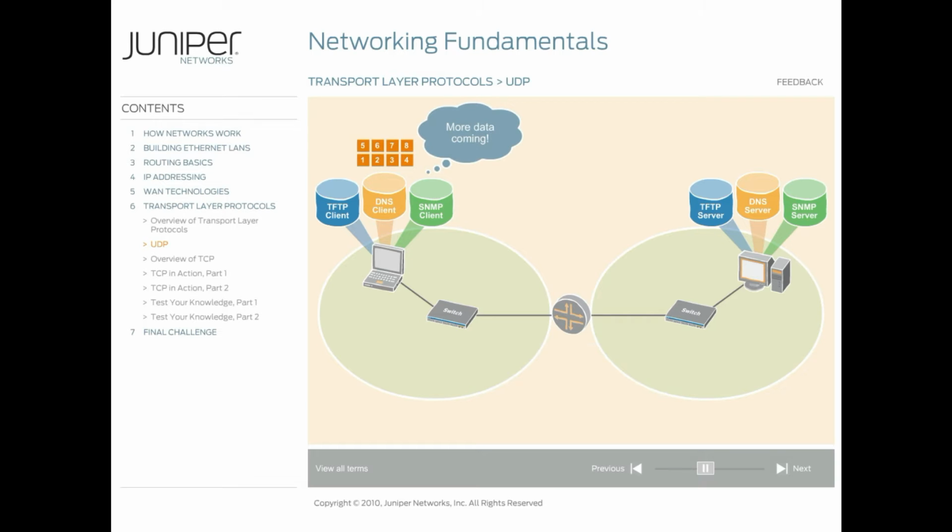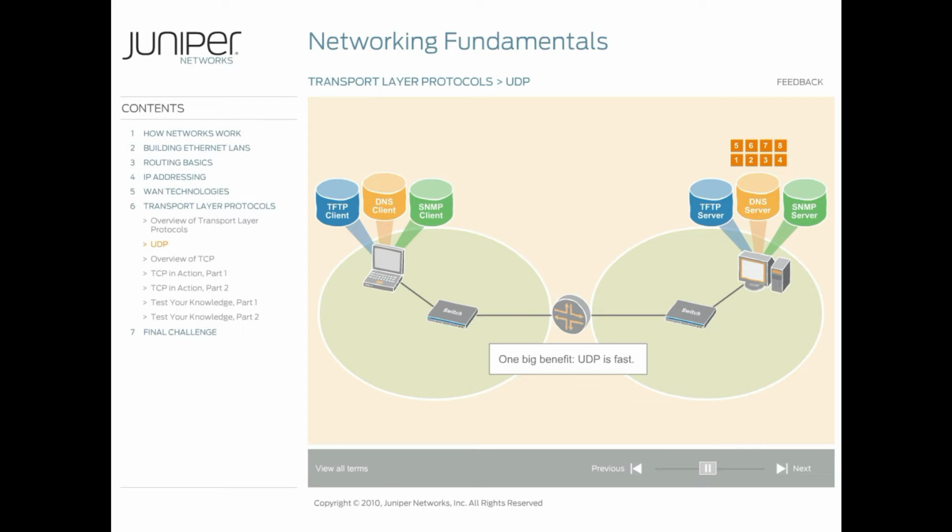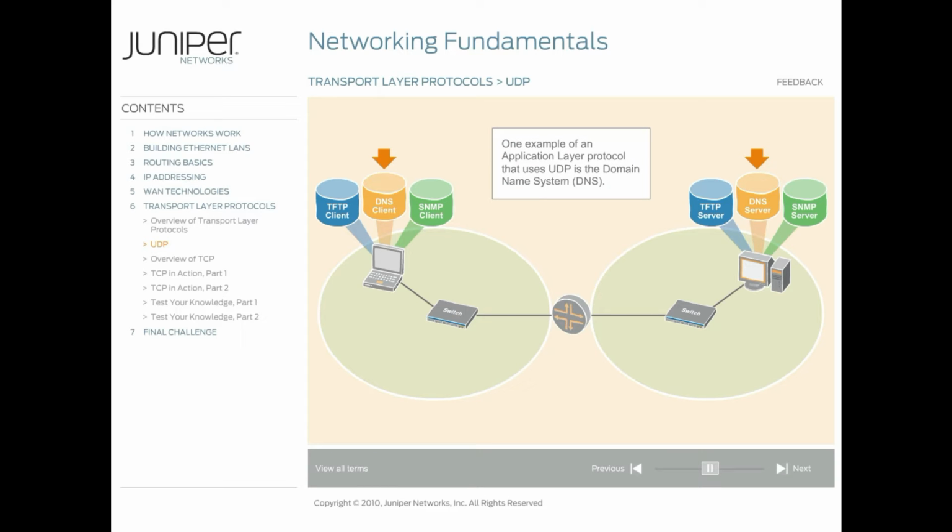So why use UDP if it provides such limited error checking? Speed. Avoiding the overhead associated with sophisticated error checking makes UDP faster and more efficient for applications that do not need guaranteed delivery. As we've been illustrating, one example of an application layer protocol that uses UDP as its transport layer protocol is the Domain Name System, or DNS.